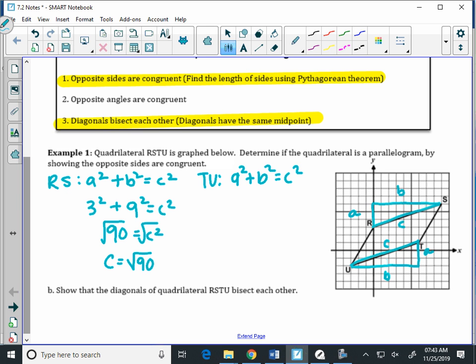And what do we get when we count our A? 3. What do we get when we count our B? 9. What do you notice about the numbers from TU and RS? They're the same, so what's our answer going to be? What's the length of TU? Square root of 90.